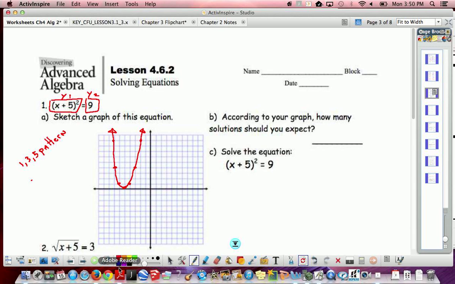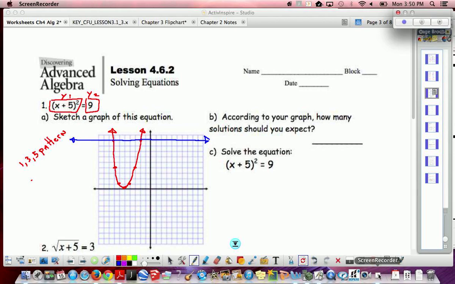Now, I need to graph the other one. Well, y equals 9, that's just a horizontal line at 9. Now, when I look at this particular graph, it asks how many solutions do I expect? Well, I expect 2.